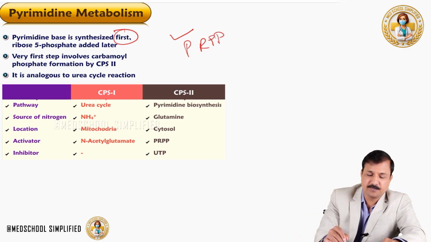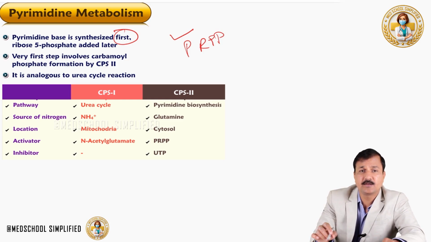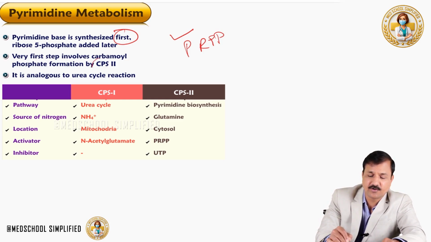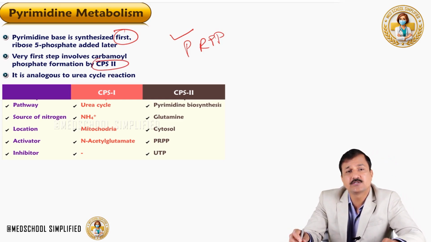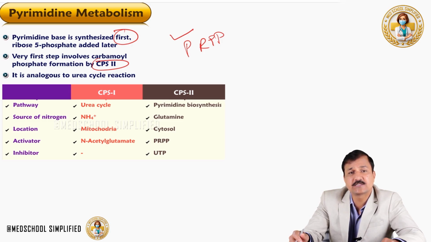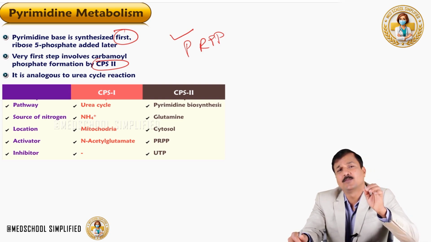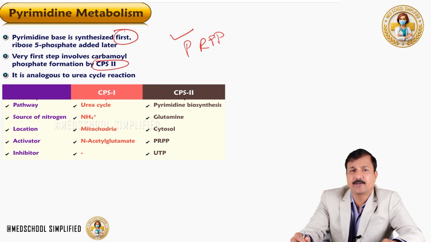Now, the very first step in pyrimidine biosynthesis is the formation of carbamoyl phosphate, which is done by the carbamoyl phosphate synthetase 2 enzyme. This enzyme is the most regulated enzyme in pyrimidine biosynthesis, and it is a cytoplasmic enzyme.